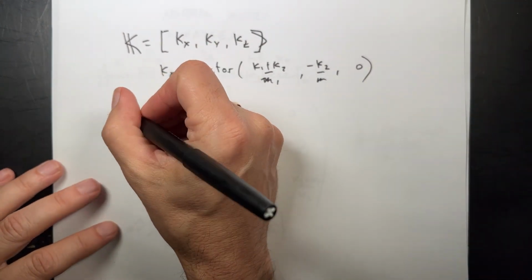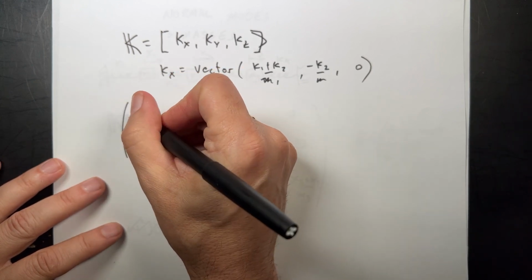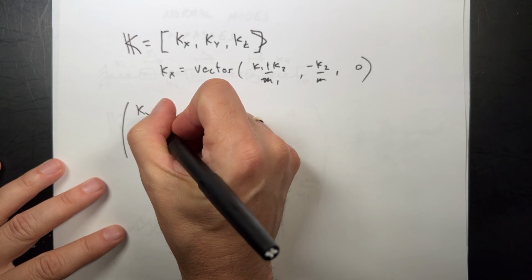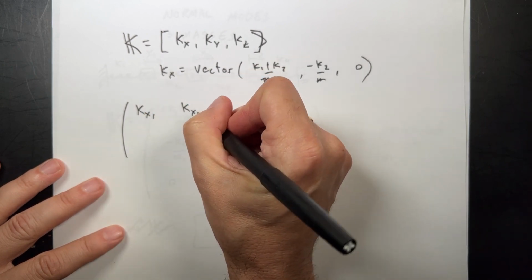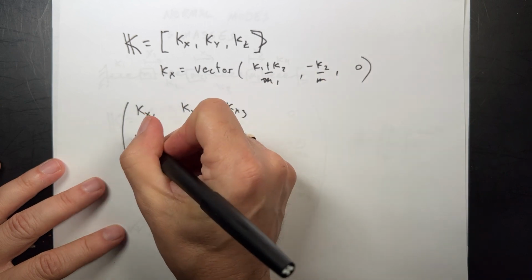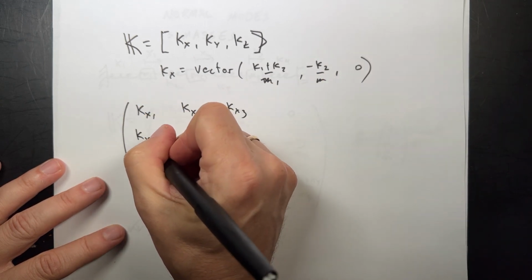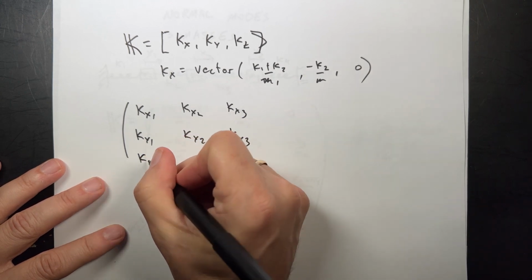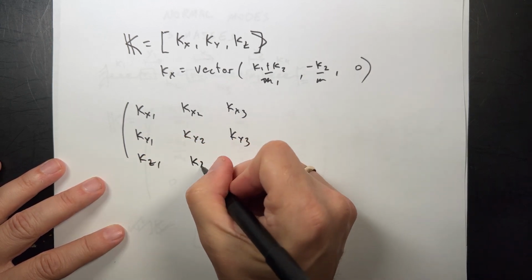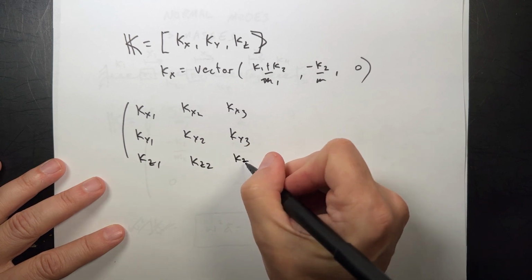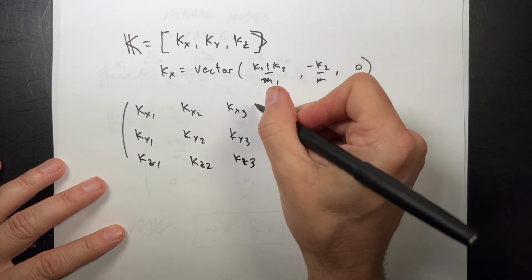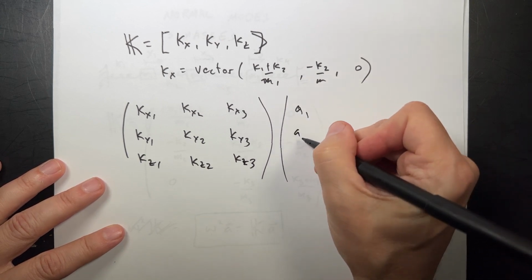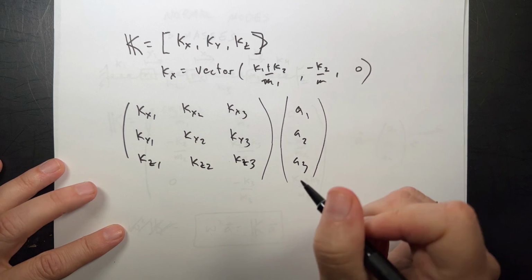And then if I have a matrix like this, I already made a matrix multiplication function: KX1, KX2, KX3, these are capital Ks, KY1, KY2, KY3, KZ1, KZ2, KZ3. And then if I have the matrix A, let's call it A1, A2, A3, I can easily do this, right?